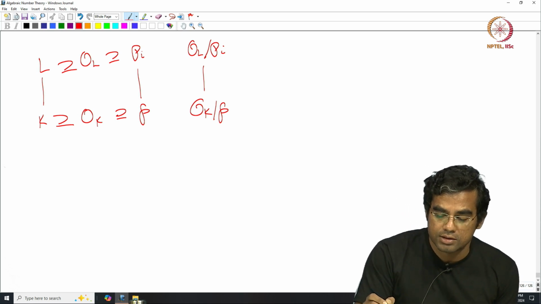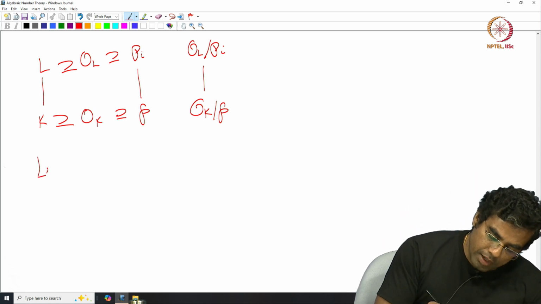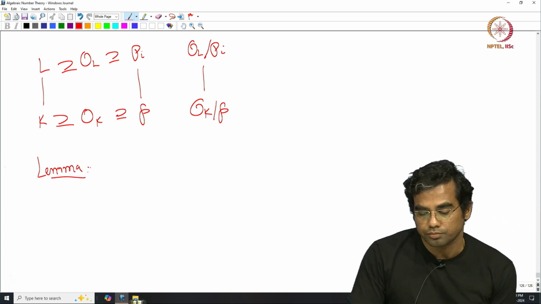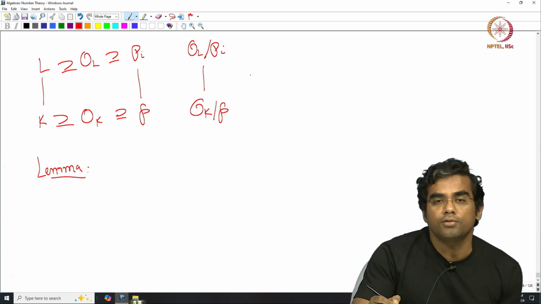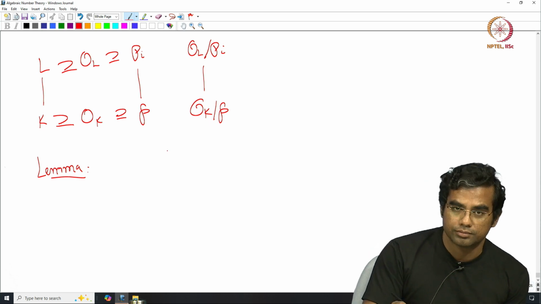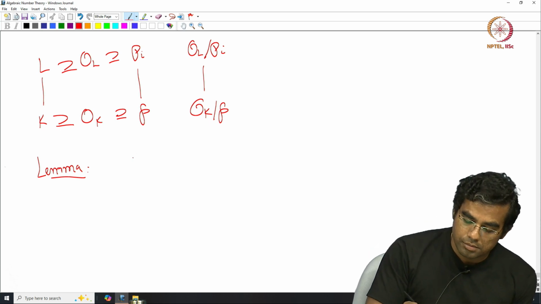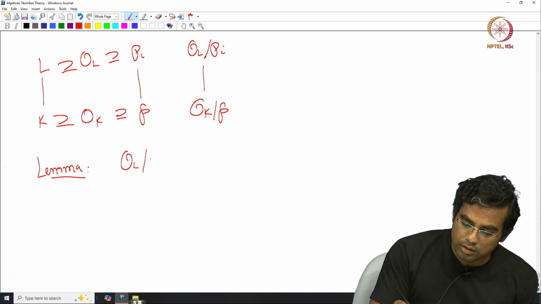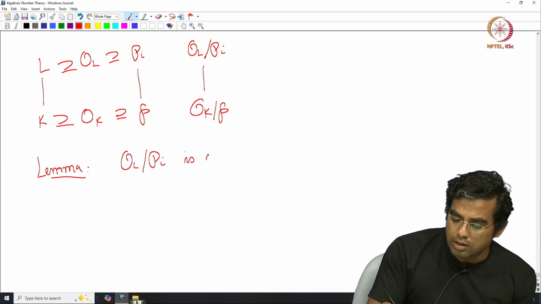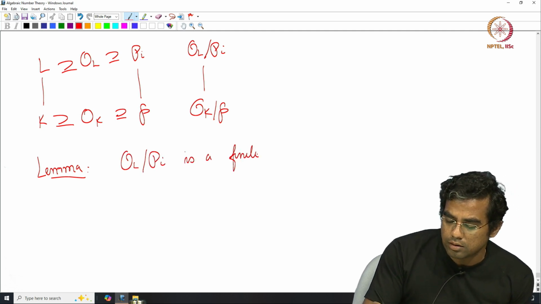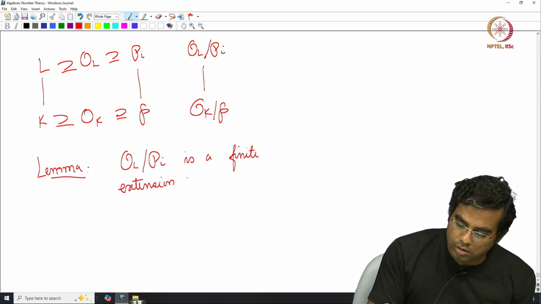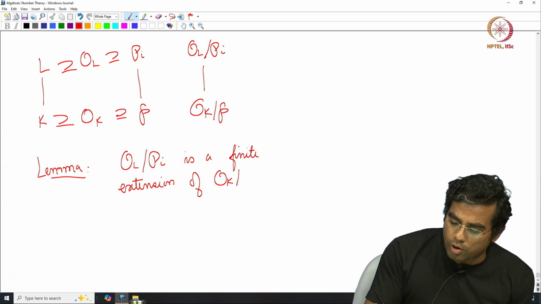So, I fix any such thing, and here is a lemma that I want to prove. Okay. So, these are both finite fields, right, and what we are going to prove is that O_L mod P_i is a finite extension of O_K mod P. Okay.